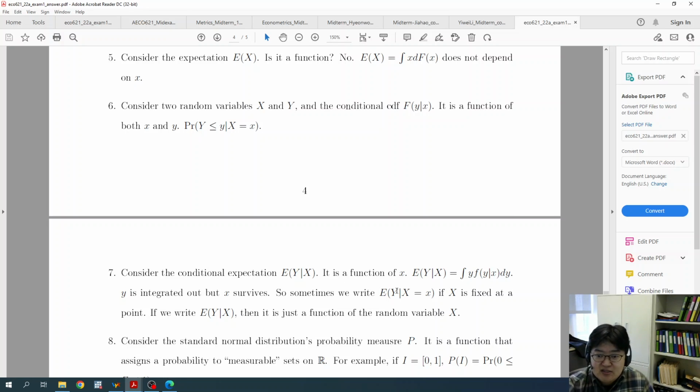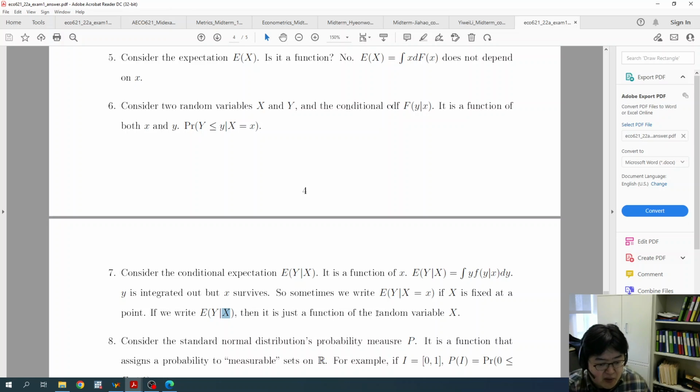And then sometimes we write it this way. So this means we are fixing x at a certain point x. So then it is just one evaluation of a function of x. But at the same time, as I did, we may write it this way. Then you can think of it as a random variable, a function of random variable x. If you have random variable x, then you can think about its square or some function of the random variable.